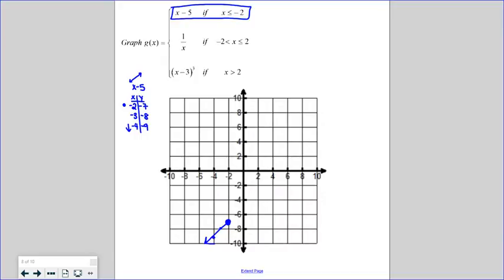Okay. Now, the middle one is where our table of points can come back to bite us, because in my table of points, we are doing the function 1 over x from negative 2 to 2.